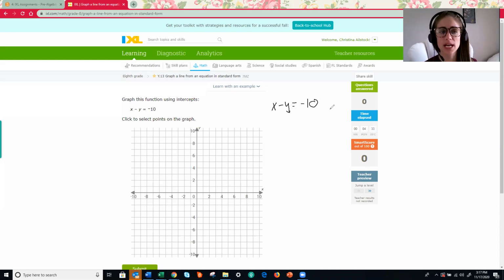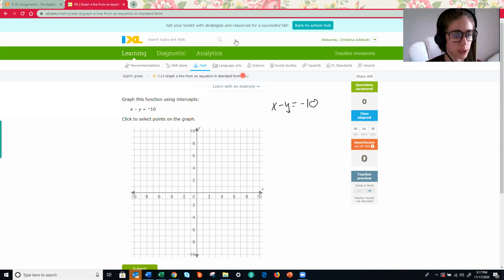Now, when we think about an X-intercept, that means it's on the X-axis. And any point that's on the X-axis is going to have a Y value of 0, because that means it doesn't go anywhere on the Y. That's what creates an X-intercept. That's what makes it stay on the X-axis.